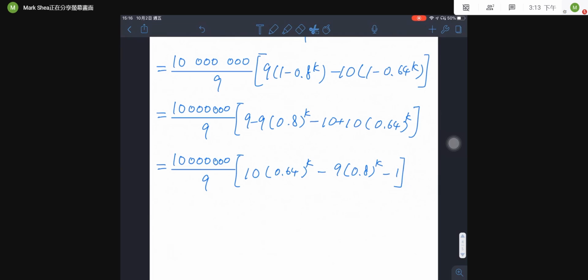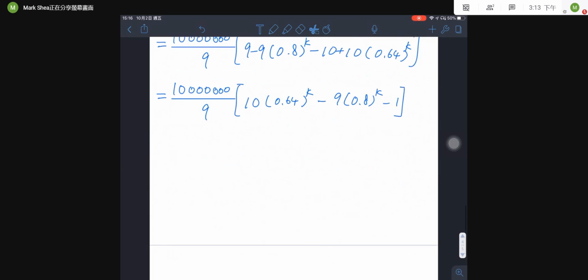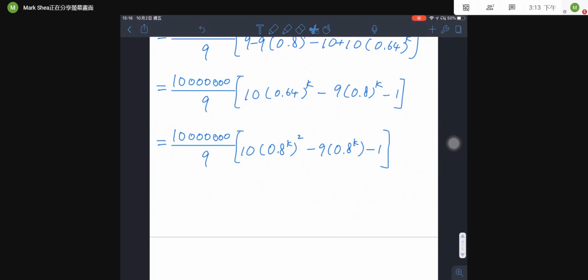You know that 0.8 to the power 2 will be 0.64. So we can write 0.64 to the power k as 0.8 to the power k and then square.